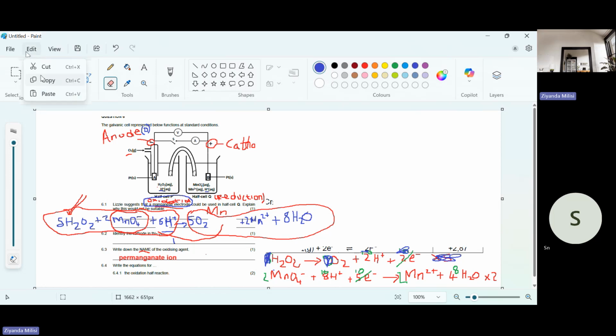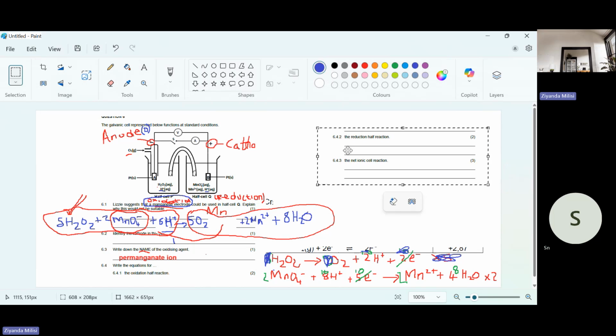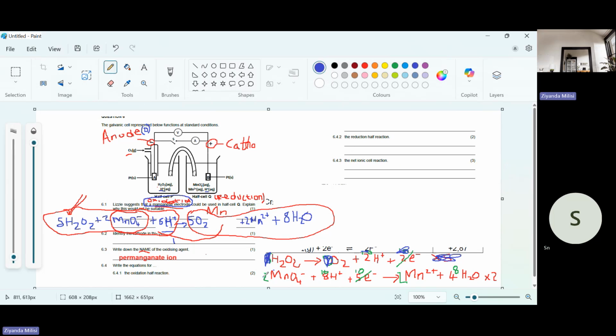No need for balancing. We don't need to balance. So for 6.4.1, this is the one. We don't write these numbers. These were for writing overall. So did you get that one? Did you write it correctly? 6.4.2, plus 8H plus, 5 electrons.